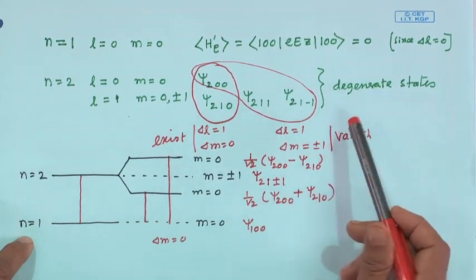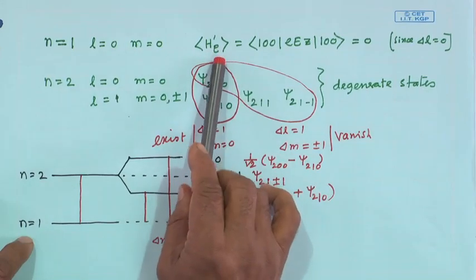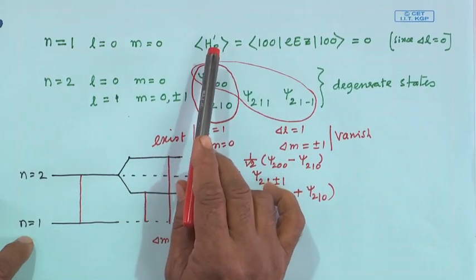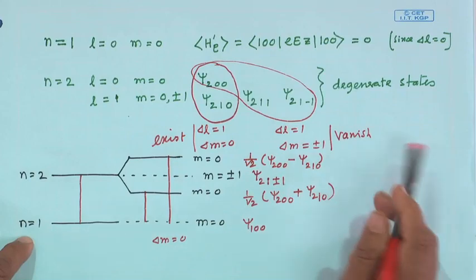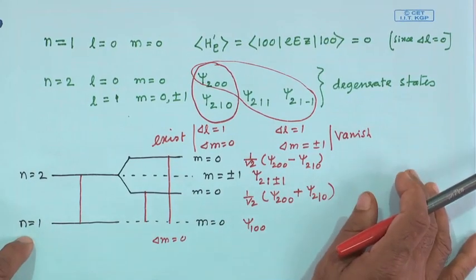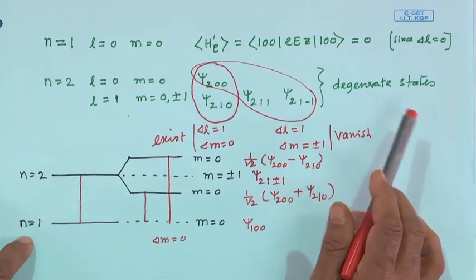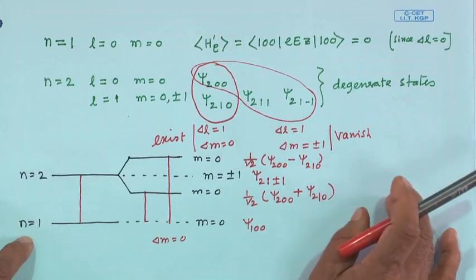Now, for degenerate states, calculating the expectation value of H is more complicated anyway. So again I will tell you what is happening following some logic.